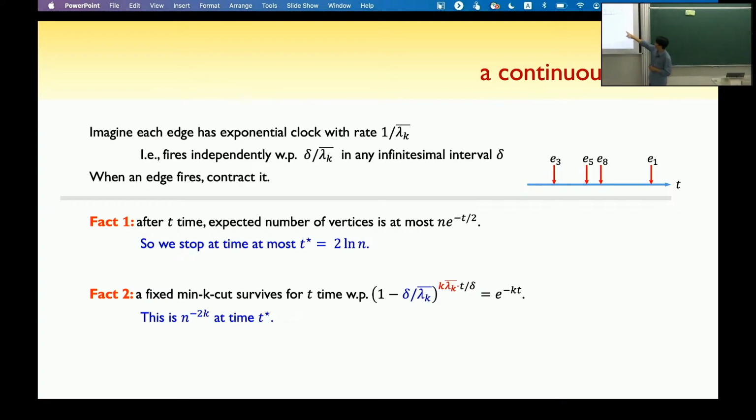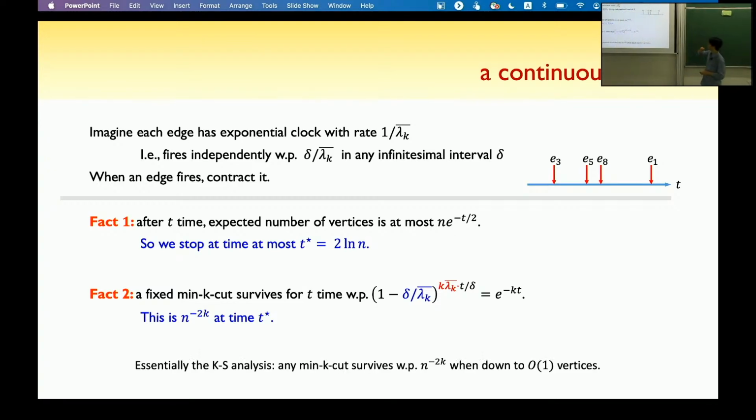And then at time 2 log n, the probability that our fixed minimum k cut survives is the probability that one edge survives in one time step, which is 1 minus delta over lambda_k bar, raised to the power of the number of edges times the number of time steps, which is k lambda_k bar times t over delta. So if you run the process for 2 log n time, the probability that our minimum k cut survives is e to the minus k t, which is exactly n to the minus 2k.